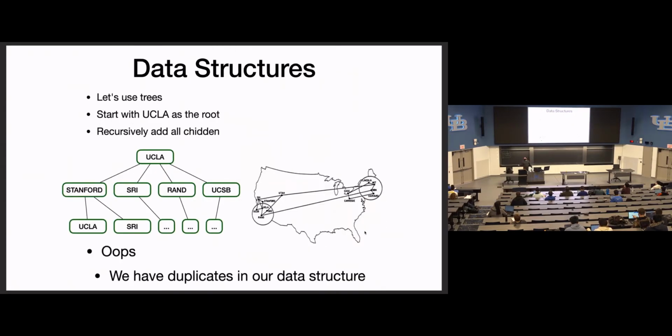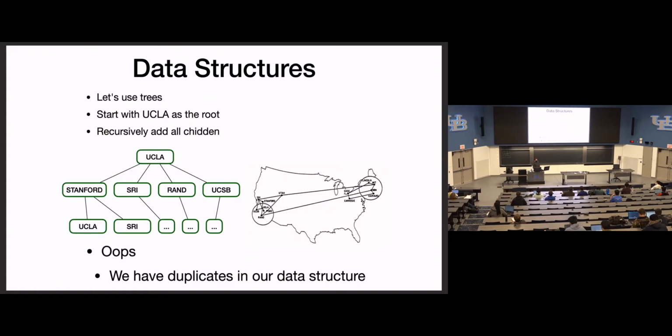I'll try a tree. Seems like it makes sense. We have these nodes that are connected to each other, so let's give it a shot. I'm going to pick a starting node, UCLA, right there, just so I have a place to start writing down my data into this structure.